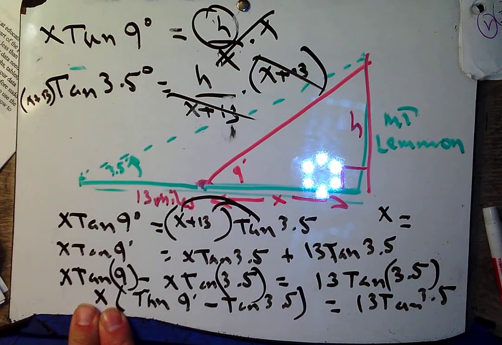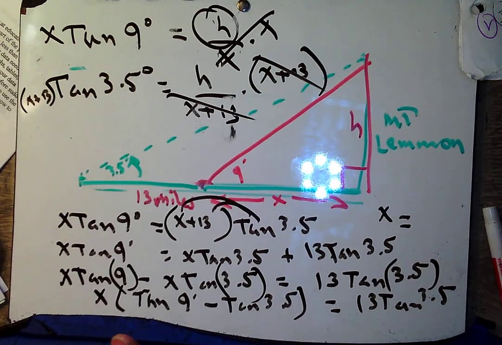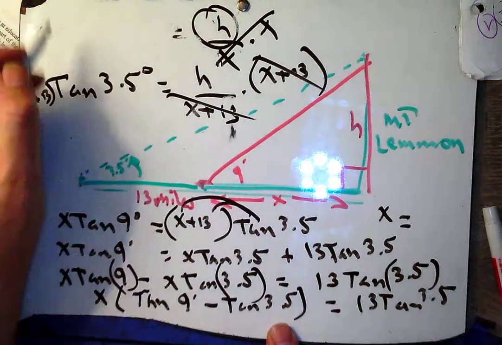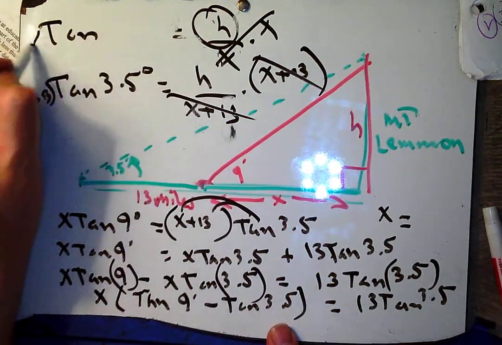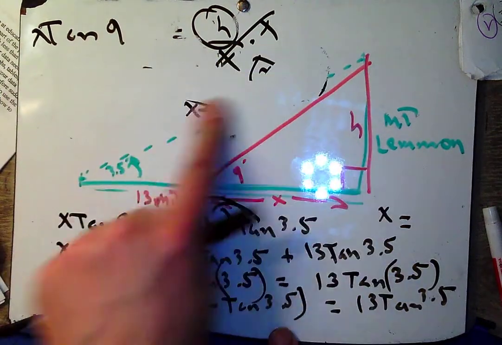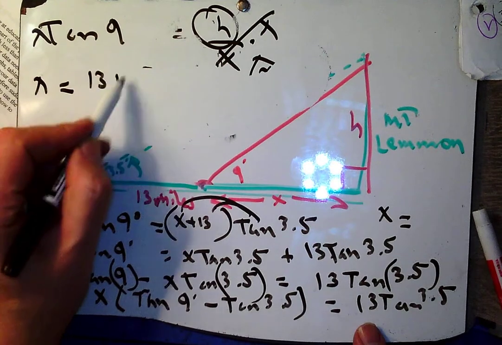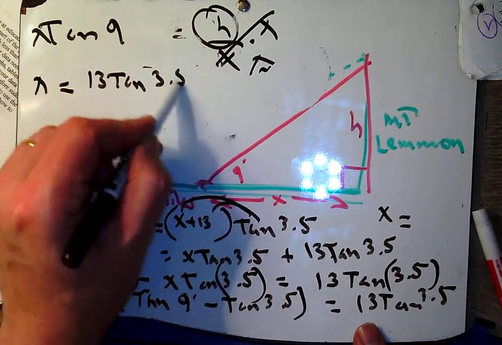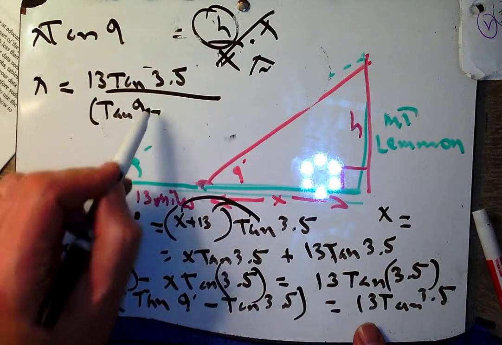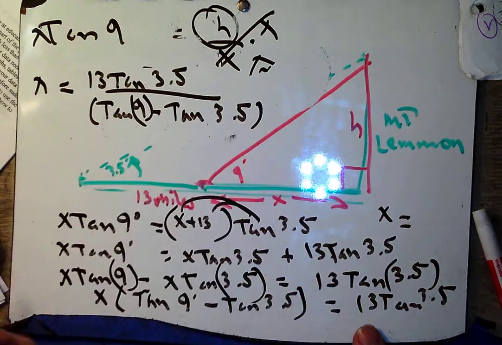So if I want to get x by itself, what am I going to have to do? That's right. I'm going to have to divide both sides by all this stuff in parentheses. We're going to need this equation, but not that one. So x equals 13 tan 3.5 over tan 9 minus tan 3.5.